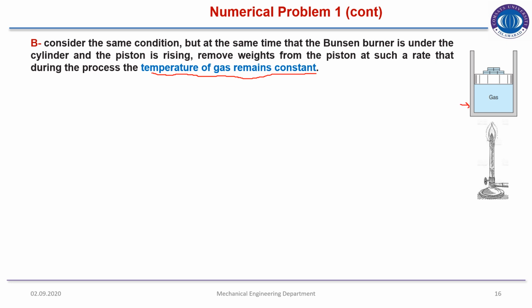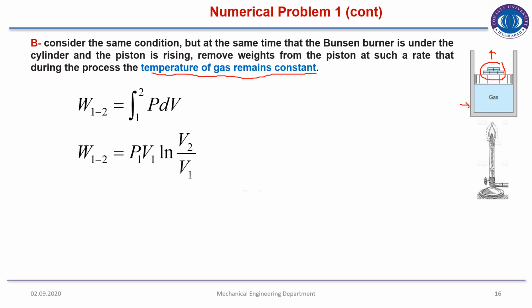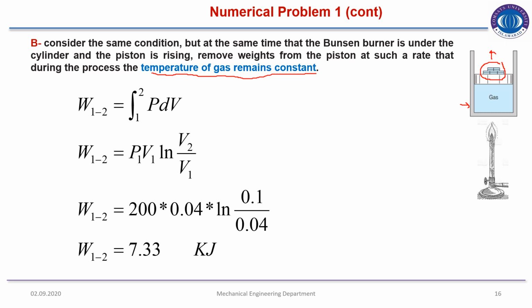So again this is a piston cylinder system and these are some weights. You have to remove the weights very slowly and allow the piston to rise. So the temperature of gas remains constant. Which is the process in which the temperature of the gas remains constant? It is an isothermal process.